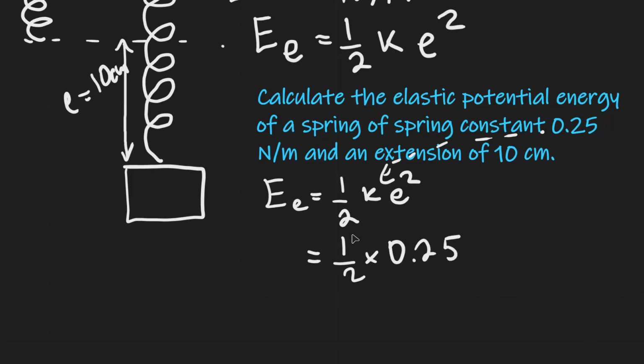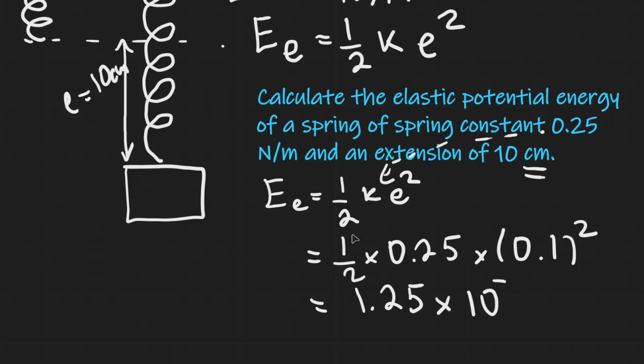Pay attention that the centimeters are not a standard unit, so we're going to convert those to meters. So 10 centimeters is actually equal to 0.1 meters, so that's going to be 0.1, all of it squared. And if we plug this into a calculator, we're going to get around 1.25 times 10 to the power of minus 3 joules.